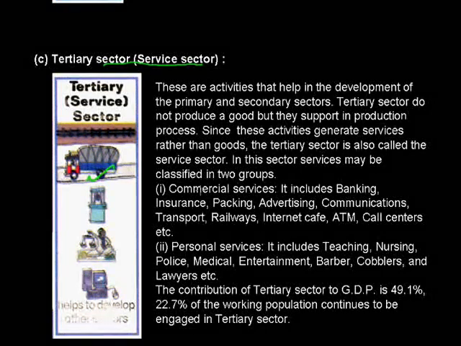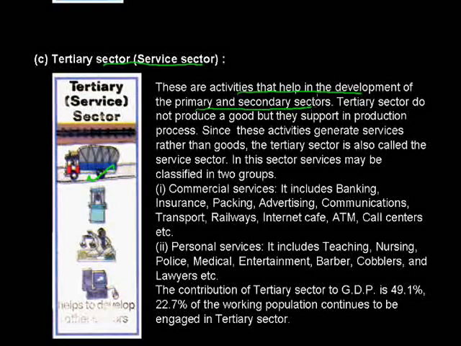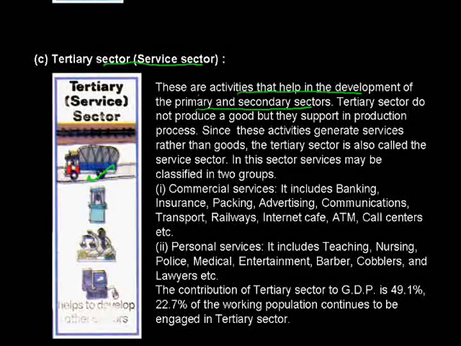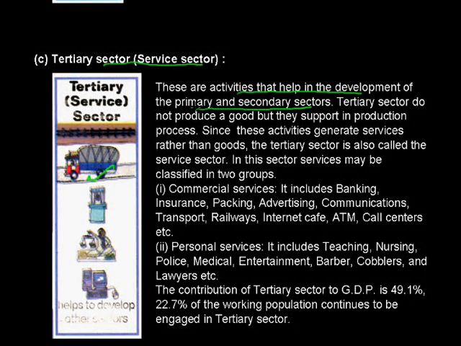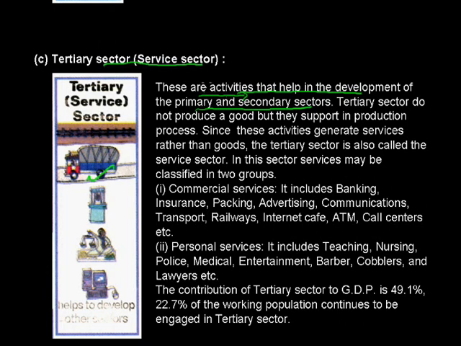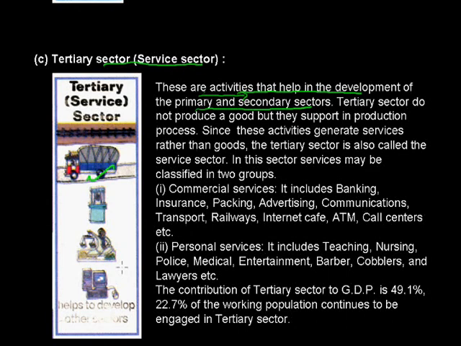Let us see what the book says. These are activities that help in the development of the primary and secondary sectors. Obviously, the secondary sector uses the raw material which comes from the primary. So the tertiary sector, for example transportation, takes the raw material from the primary to the secondary sector.